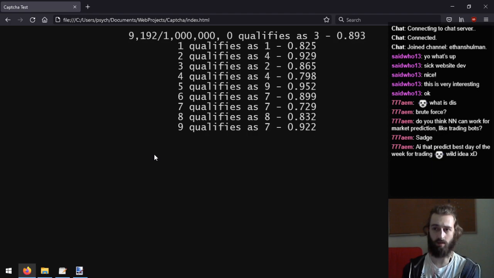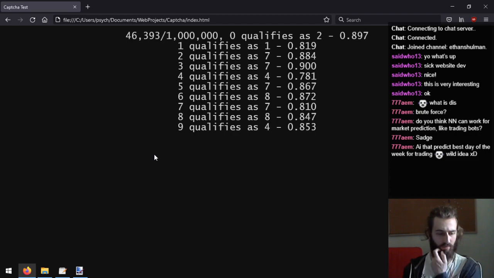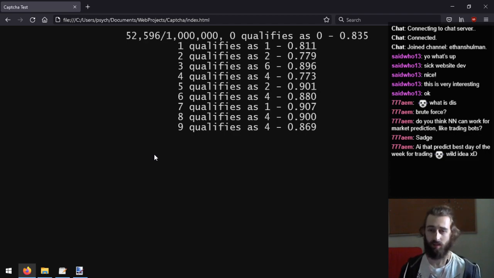Does that make the loss numbers go up? Yeah, I think that did slightly push up the loss numbers. But it still looks like 4 and 7 are training decently.